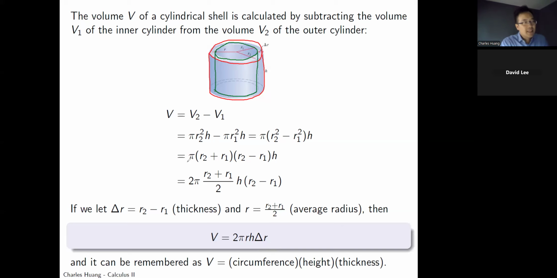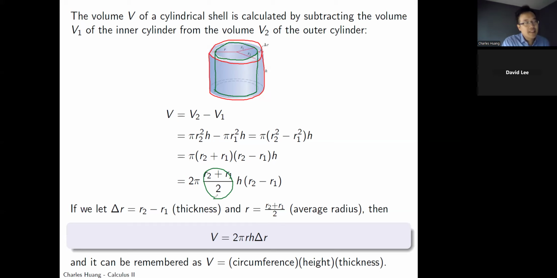And you'll notice this part in the front. We can imagine that if I add a 2 here and multiply by a 2, this is the radius in the middle.